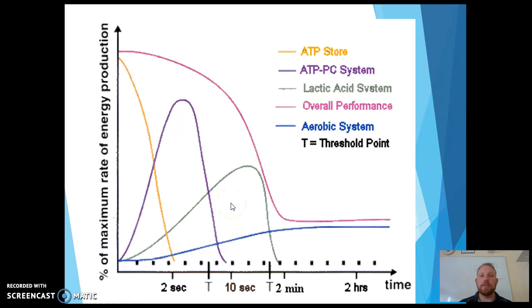It's not saying that one size fits all, but we're going to use these generalized sections to explain the time that these energy systems last for. The aerobic system, as you can see, is the blue line at the bottom, and it starts off at a very low intensity in terms of the percentage of the maximum energy production, but you can maintain it for a very, very long time, as long as you've got the fitness levels and the energy being reproduced.